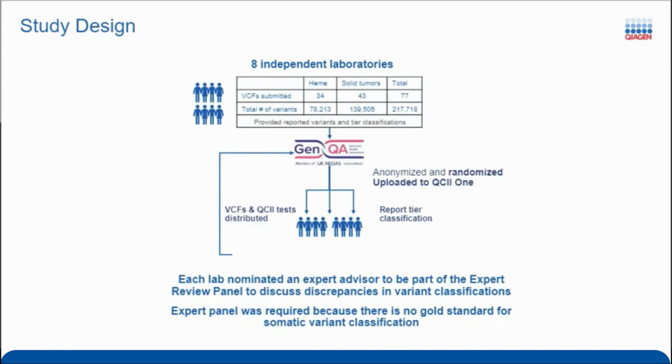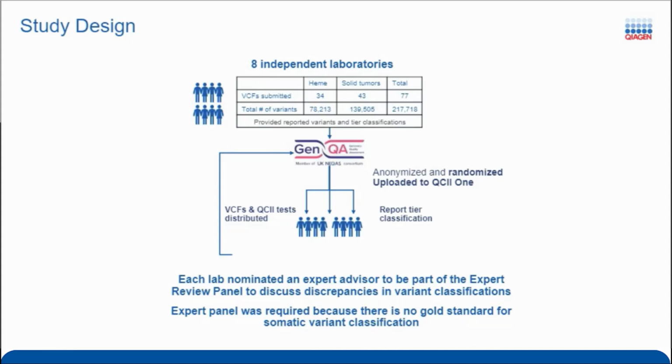However, the number of differences was not huge in terms of the actual clinical classification outcomes in the end. There were actually more differences between the individual laboratories than there were between the panel observed variants and that determined by QCI.